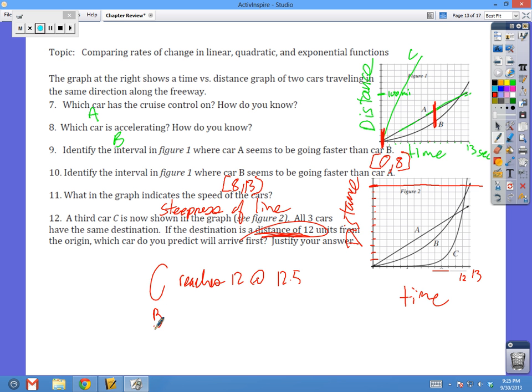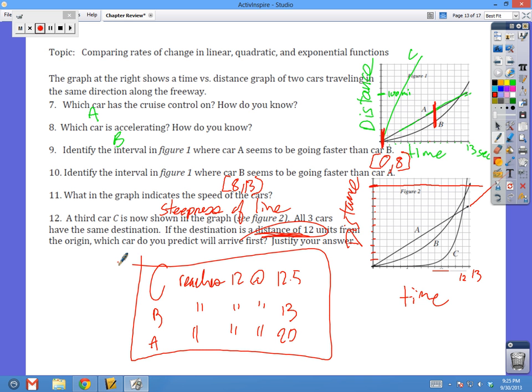B, it's probably going to be next. B reaches it about 13 seconds, it looks like. And A, who knows when A reaches it. A reaches 12 probably not until 20 seconds or something. So C is going to barely beat line B by like half second.